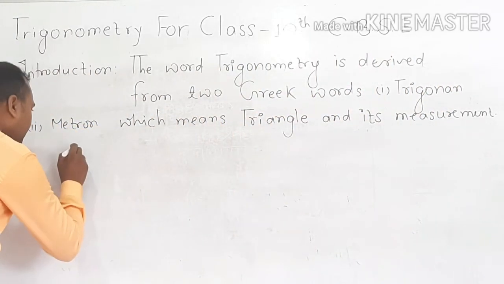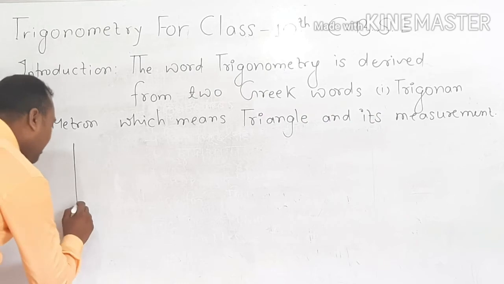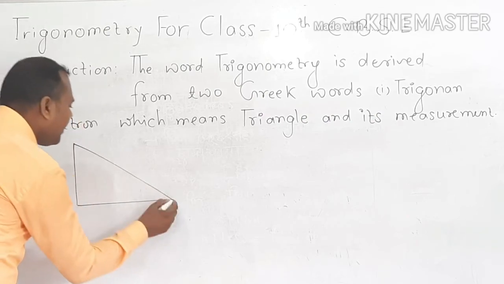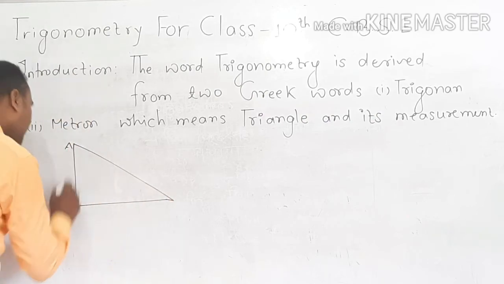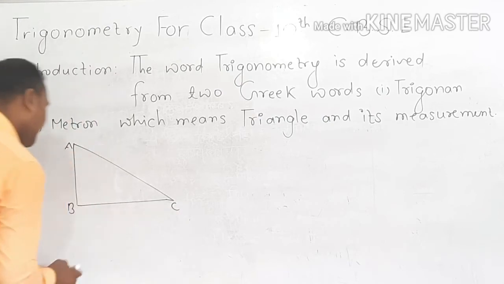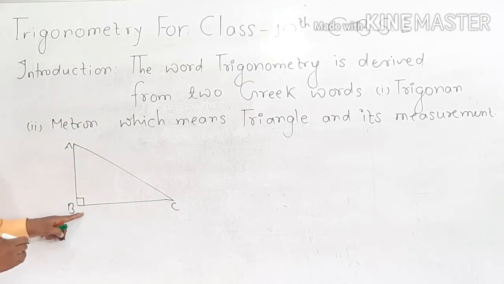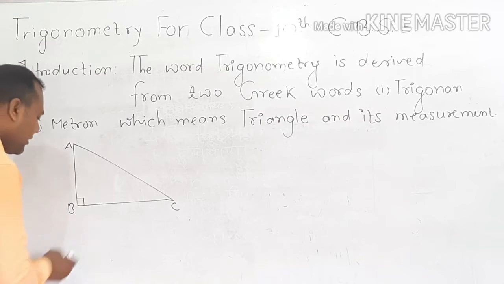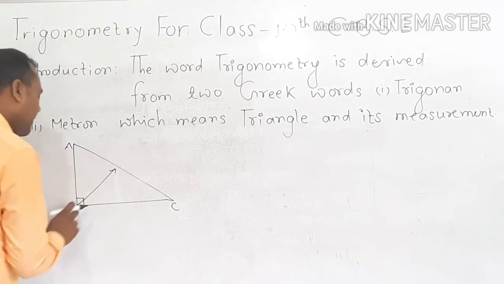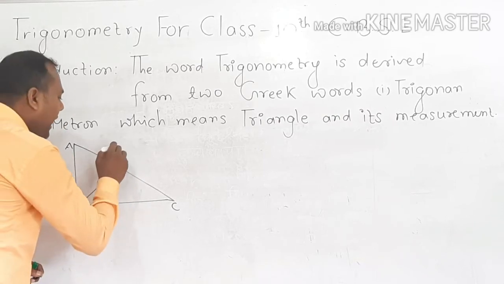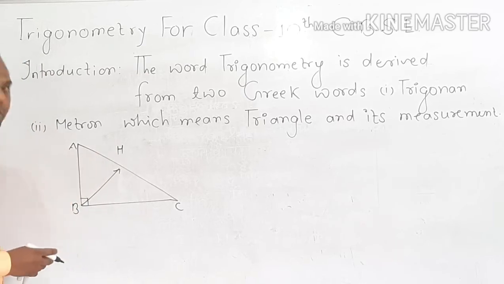First of all, we assume a right angle triangle. This is a right angle triangle ABC, and here B is the right angle. So this side will be the hypotenuse of this triangle.